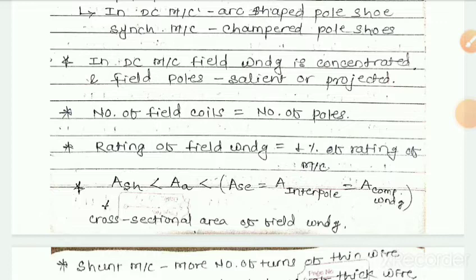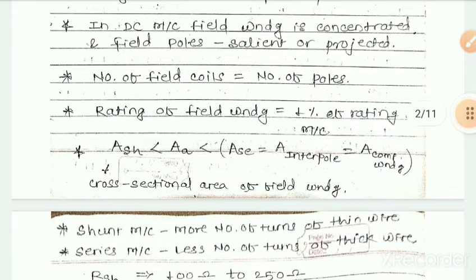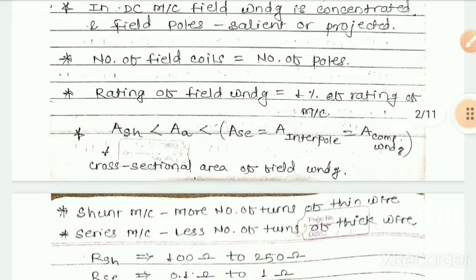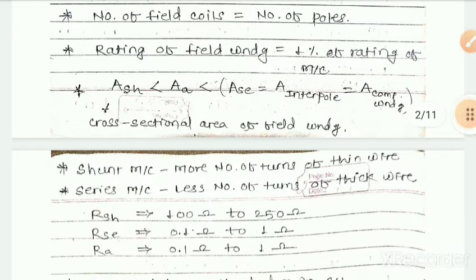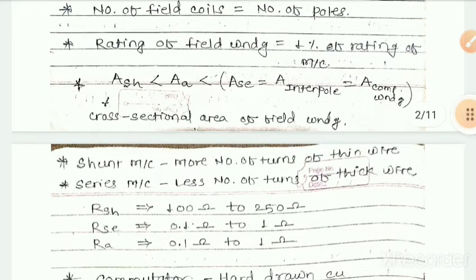Here, the number of field coils is equal to the number of poles, and the field winding always carries DC supply. The rating of the field winding is 1% of the rating of the machine, so we can say that in a DC generator we supply 1% to the field winding and we get 100% DC output, so a DC generator is a mechanical amplifier.